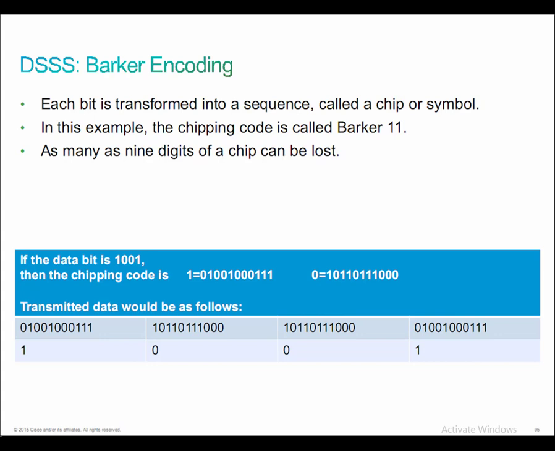Well, the goal is to represent the ones and zeros, right? We're trying to represent data in the form of ones and zeros. So encoding is simply a method that allows us to identify how those ones and zeros are represented, okay? And there are a couple of different encoding techniques that these different spread spectrum technologies represent.